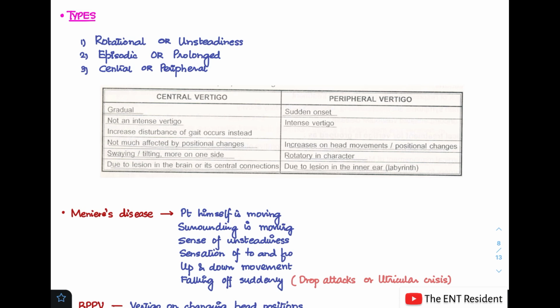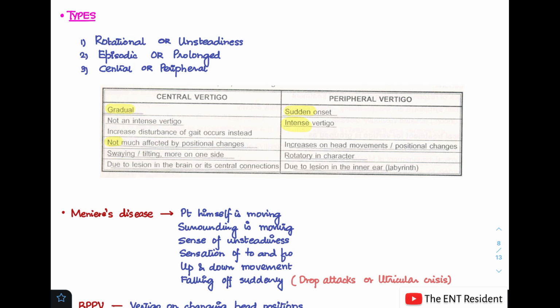Now how do we differentiate central vertigo and peripheral vertigo? Central vertigo will have a more gradual onset, whereas peripheral vertigo will have a sudden onset. Central vertigo is not an intense vertigo; there will be an increased disturbance of gait instead, whereas peripheral vertigo will be a very intense vertigo. Central vertigo is not affected by positional changes, whereas in peripheral vertigo there can be a lot of increase in vertigo with head movements and positional changes, more commonly seen in BPPV.